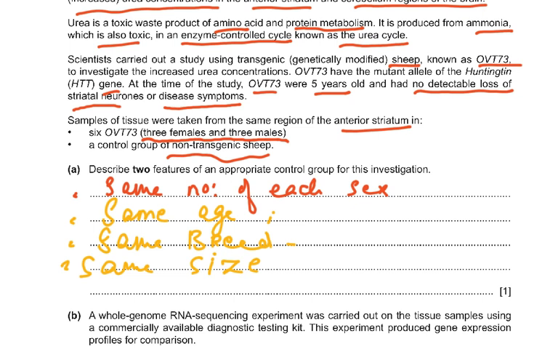So whenever we're talking of a control group, it has to be a very fair thing. We must have the same number, the same age, the same species or type, and the same size, because that is also going to affect the results.